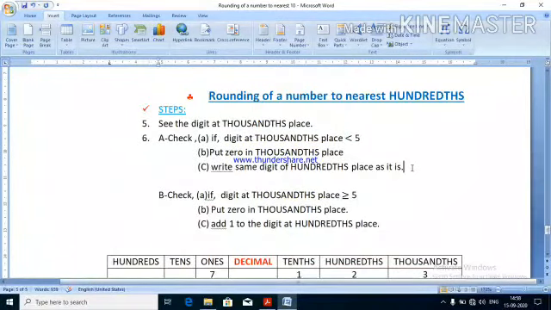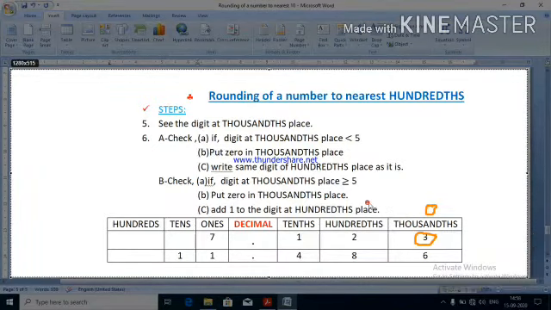The digit at the thousandths place here is 3, which is less than 5, so you have to put 0 here. 2 in the hundredths place, 1 in the tenths place, decimal, and after that 7 in the ones place, you have to write 7 as it is, that is your number is 7.120.